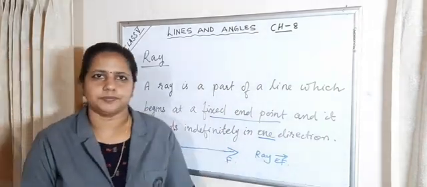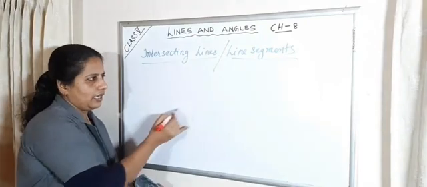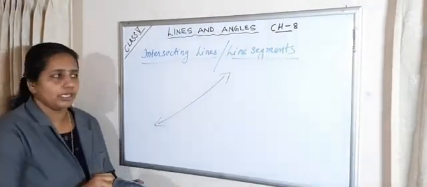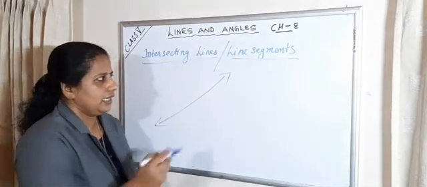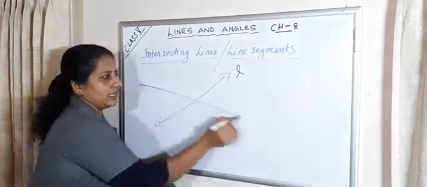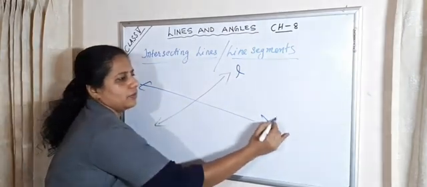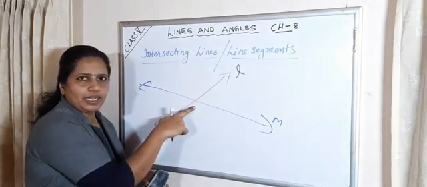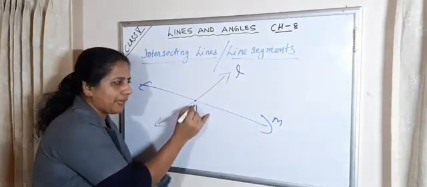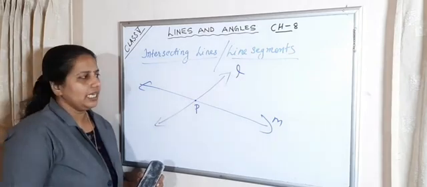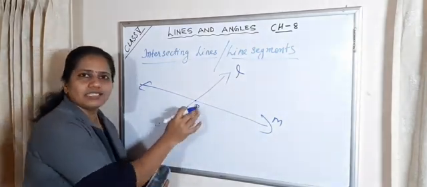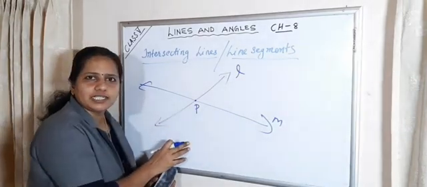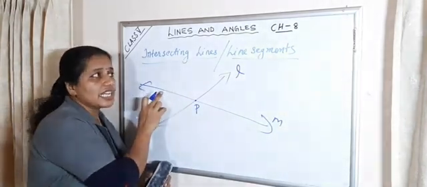Look at here. I'm drawing a line L and another line M. Then these lines meet at a point P. That is, these lines cross each other. In that condition we can say they are intersecting lines.